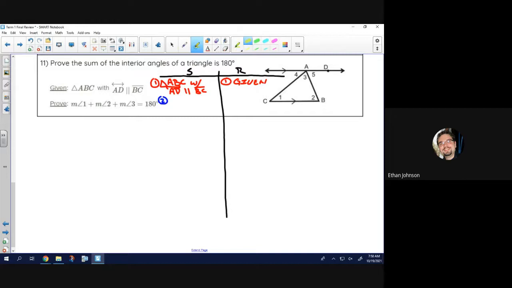So since we said parallel, we're going to look for transversals. Well, the first transversal I see right there, the two angles that form a relationship with that would be angles 1 and 4. So angle 1 is congruent to angle 4. Because that is alternate interior angles.